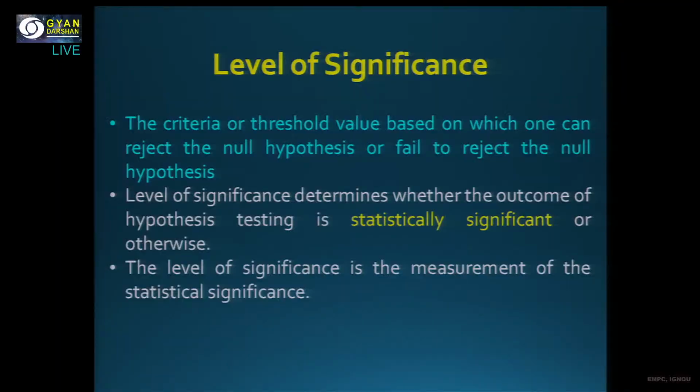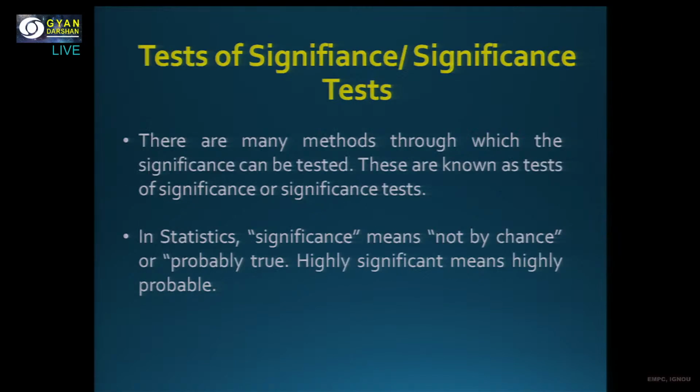Accordingly, there can be many significance tests in the research field. The statistical tests are nothing but significance tests. That is what you see on the slide. There are many tests of significance, or significant tests.